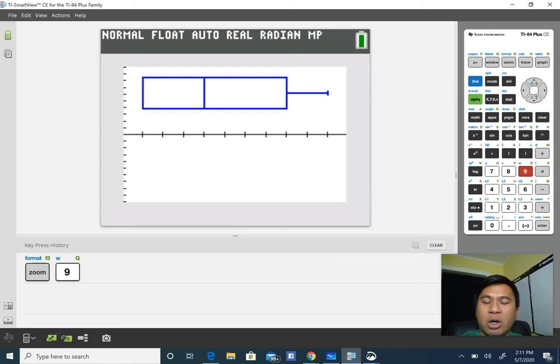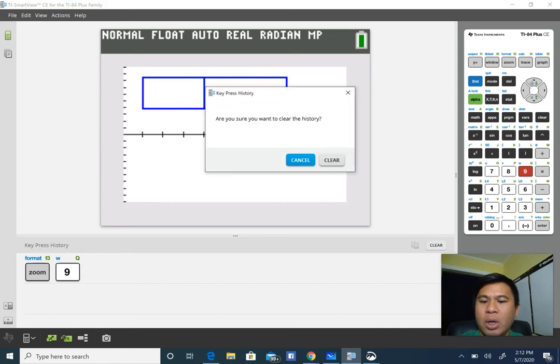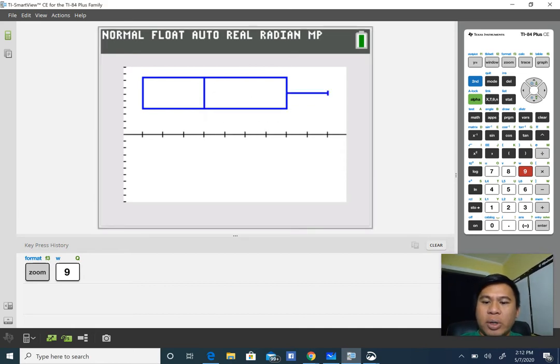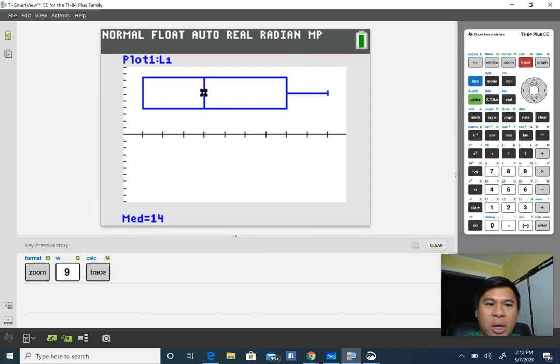But as you may see on our box plot, there's no left whisker in that case. So what we're going to do in here is to try to analyze this one first by pressing trace. And as you can see in here, the median is 14. If you press left, you can see that Q1 is 11.